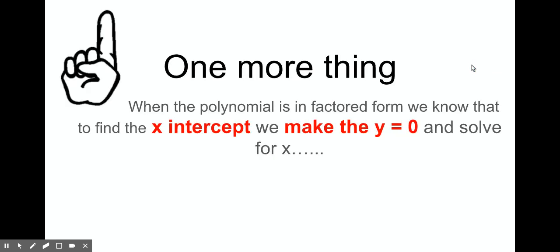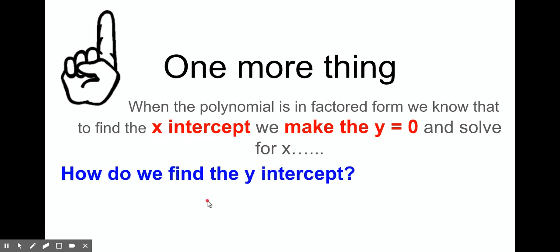One more thing we need to talk about before we get to doing some practice problems. We've talked about that factored form is great because it gives you the x-intercept. And you know how to find the x-intercept. You make the y equal 0 and you solve it. And we did that the last video. You did that a bunch. But one thing I just want to mention is the y-intercept. It's pretty much the same thing.